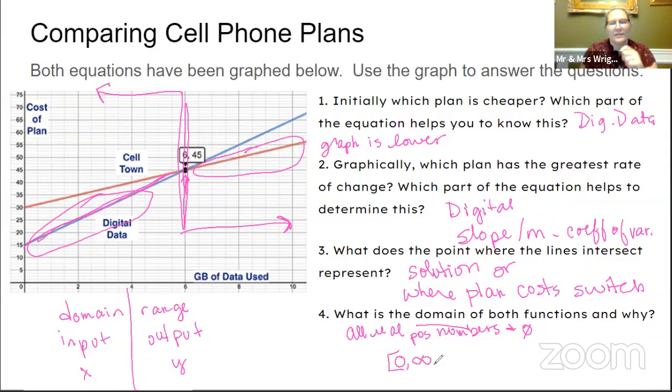Now when you're writing set notation, you cannot include infinity because it keeps going. There's no way to use an infinity. It's just saying that it keeps going. So you're going to use a parentheses. This is called a square bracket, and this is parentheses. So this is a way to write the domain of both functions. They both have the same domain.